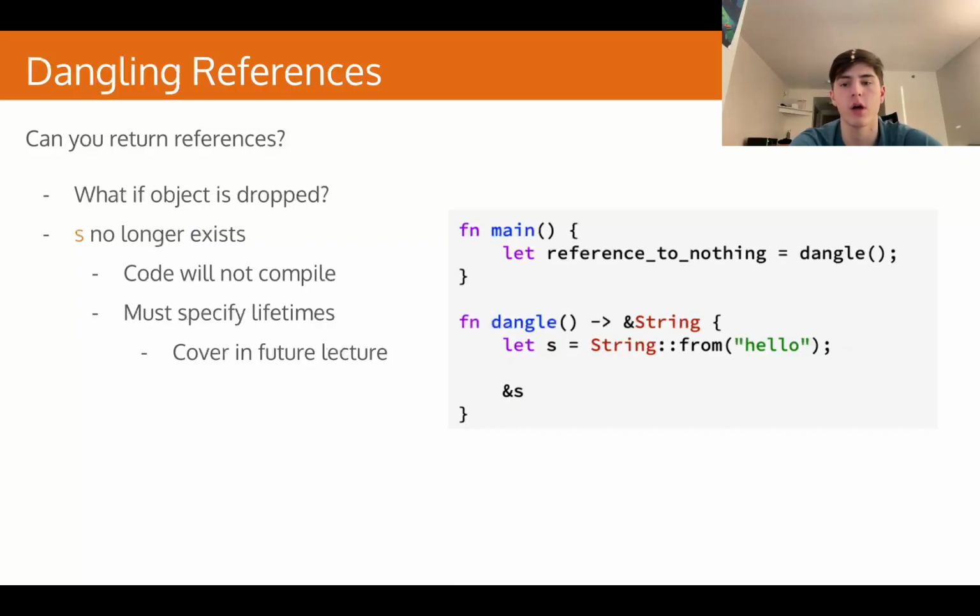So this code will not compile. There are some solutions to this, like in the Rust book, if you look up lifetimes, though we will not cover that in this course, especially not right now. One way to do this is to just pass back the string directly, since if you're not going to use s anymore in this function, why not just return it to the previous function?